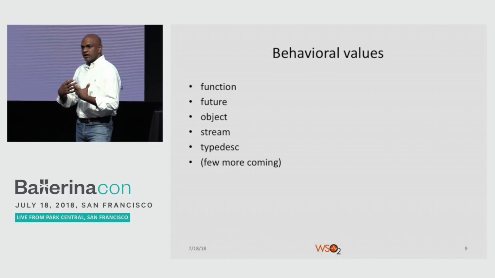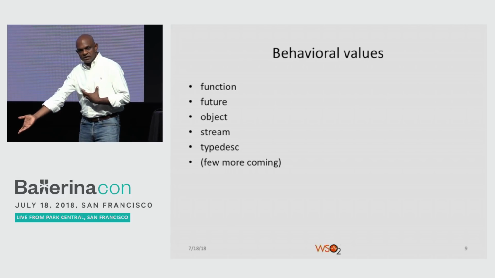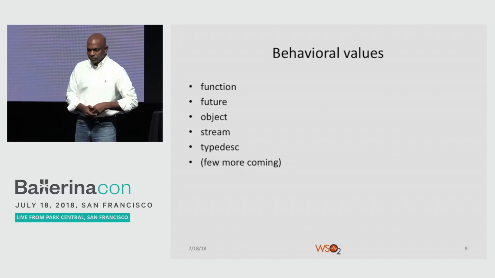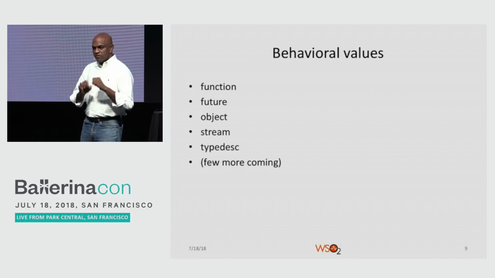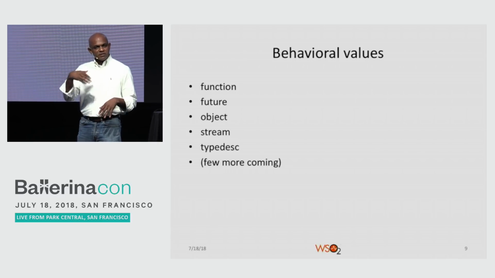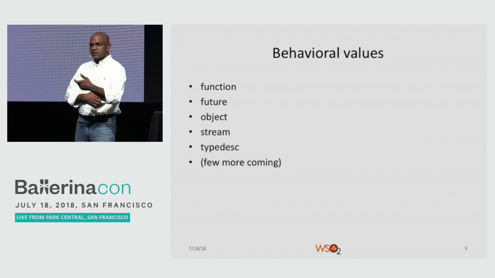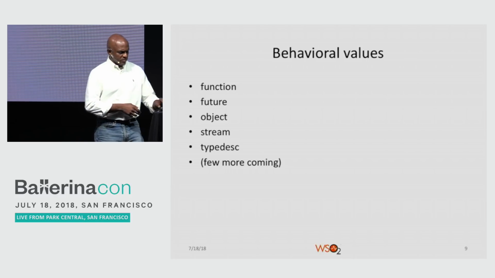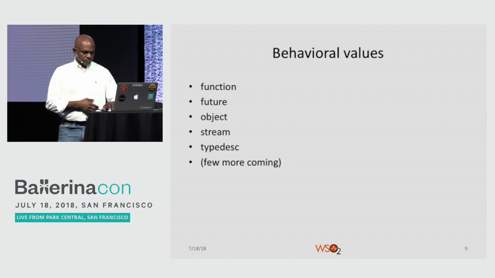Future represents an invocation of a function that's already started off that you can go back and get information from while it's running. Objects are objects. Stream is a particular way of dispatching data to multiple participants. Type descriptor is a meta type. A type descriptor is a value whose value is a type name, basically, a type. And there are a few more that will be coming as you go along.